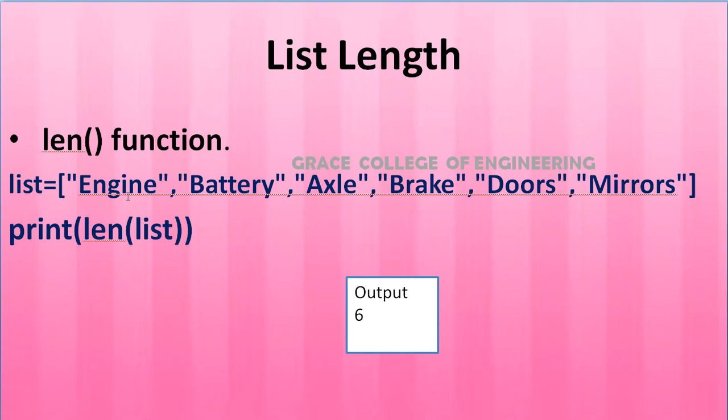List is equal to the elements engine, battery, axle, brake, doors, mirrors. And next print len of list. Then you will get the output as 6. While calculating with the len function, it starts from 1. So engine is 1, battery is 2, axle is 3, brake is 4, doors is 5, mirrors is 6. So the output is 6.